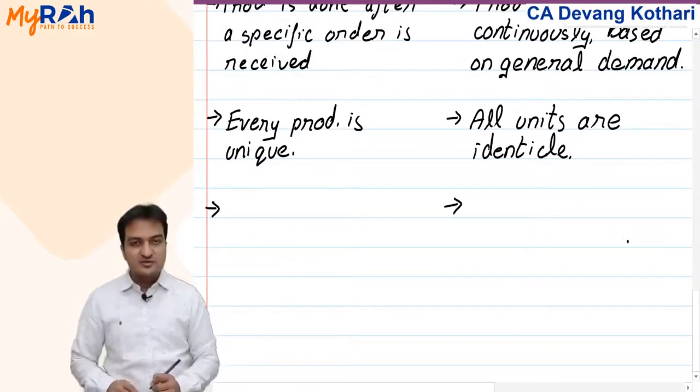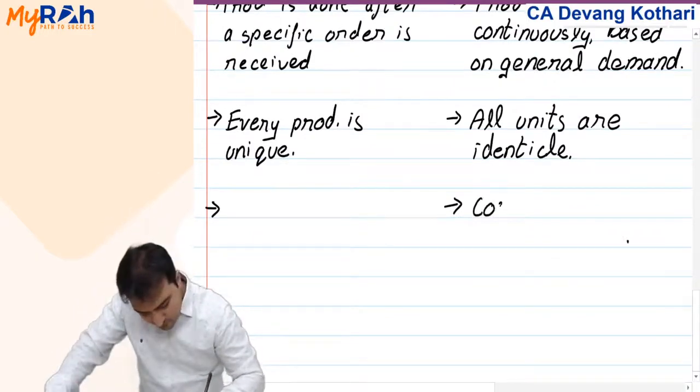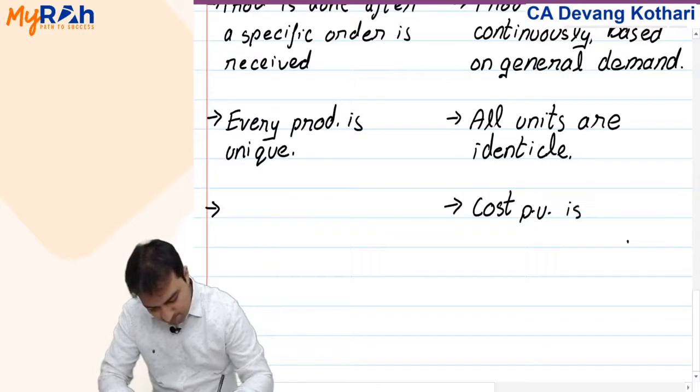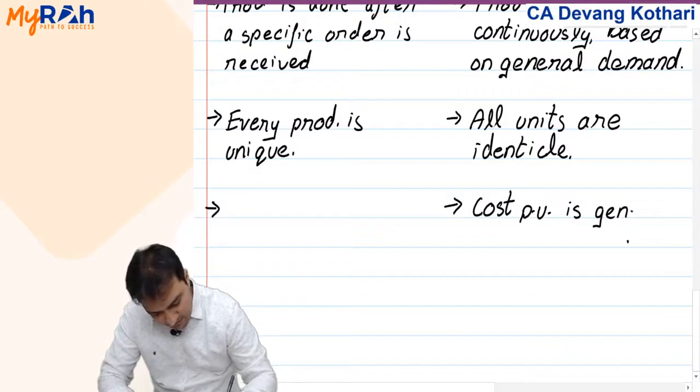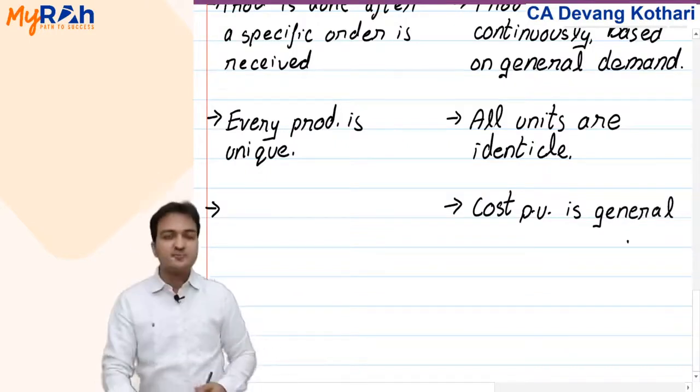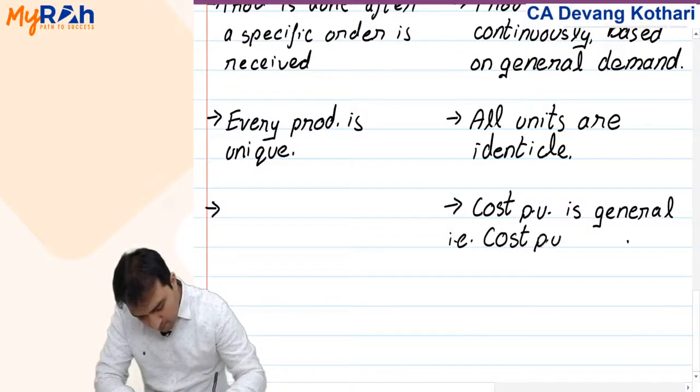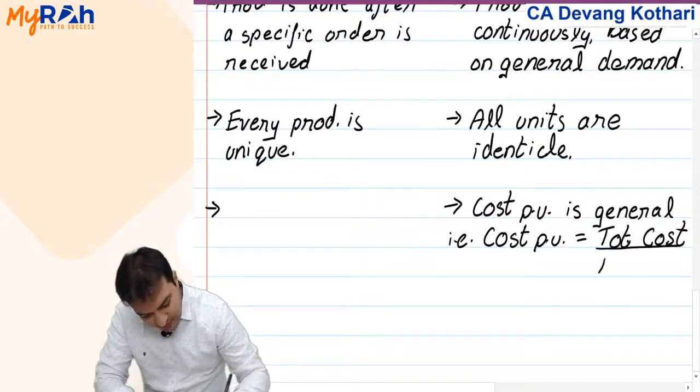In case of continuous industry, cost per unit calculation is general, that is, total cost divided by total units.